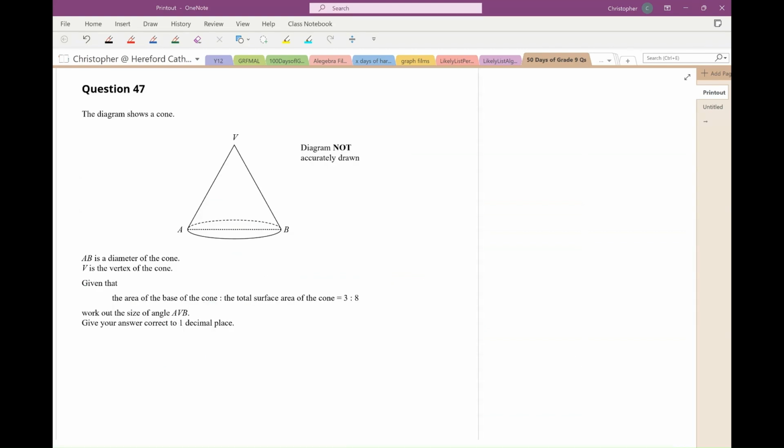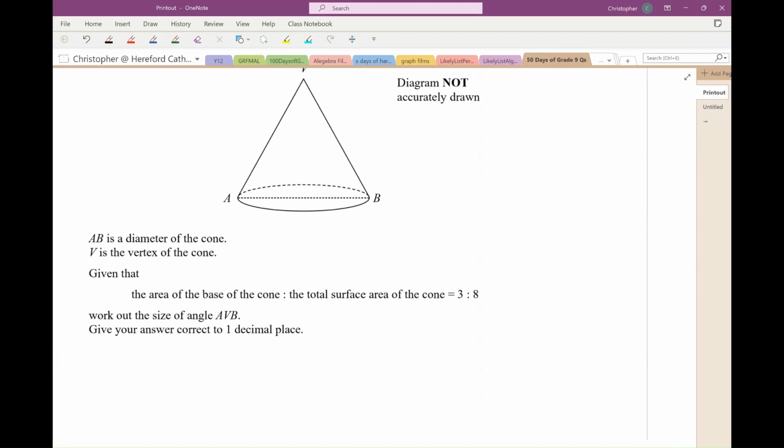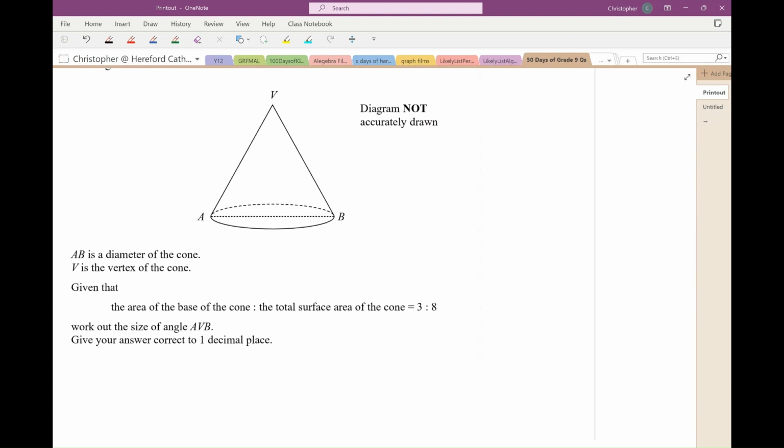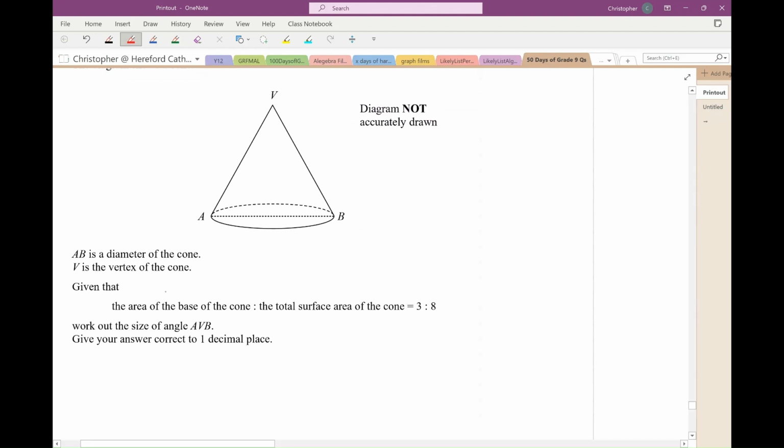Right, question 47. The diagram shows a cone. AB is the diameter of the cone, V is the vertex. Given that the area of the base of the cone, that's pi r squared, and the ratio of the area of the base to the total surface area of the cone: the total surface area is the base plus the area of the curved face, which is pi r l, where l is that length there.